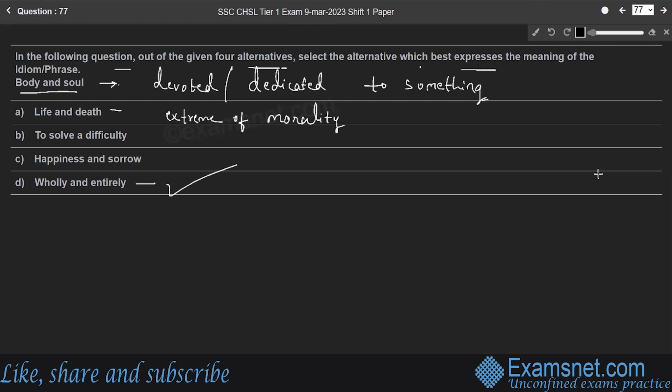Here, option B, to solve a difficulty. So it is unrelated to the meaning of the idiom. Whereas option C, happiness and sorrow. So it refers to two opposite emotions and does not convey the meaning of being completely devoted or dedicated to something. Therefore, option D is the right answer, wholly and entirely.